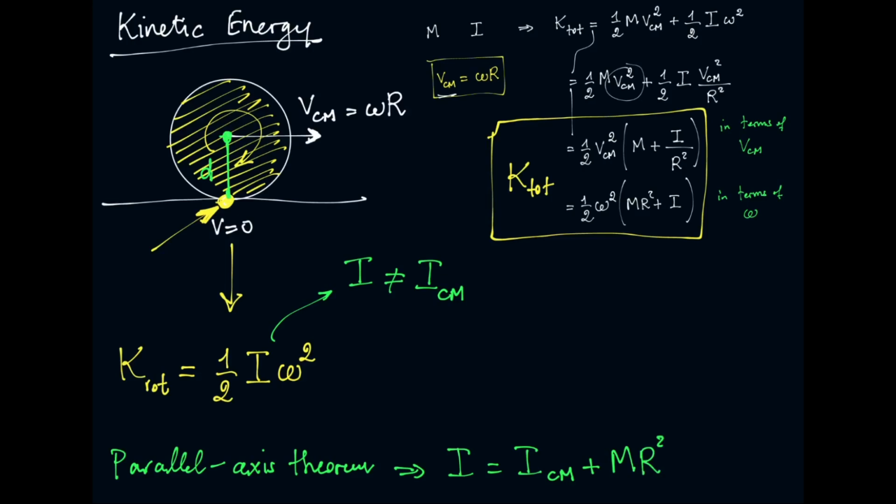It's r squared. So all in all, what you have is 1/2 the I of an axis that runs through the center of mass, plus m r squared, times omega squared.